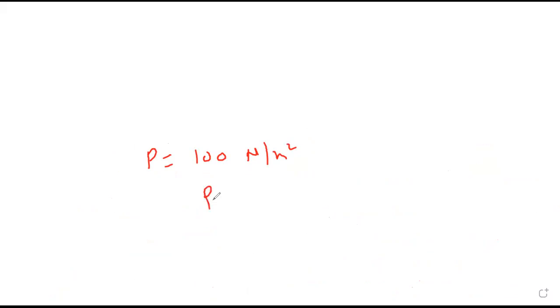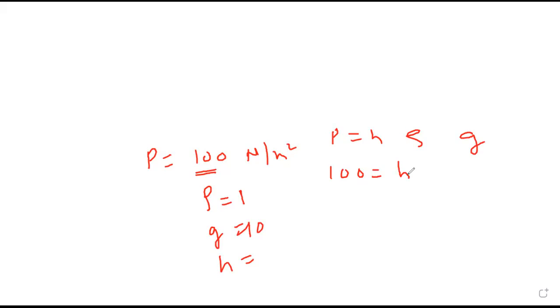If I take liquid of density 1, g is 10, what should be the height of that container to get answer 100? Pressure means h rho g. This is 100. Height I want. This is 1. This is 10. 0 cancel.